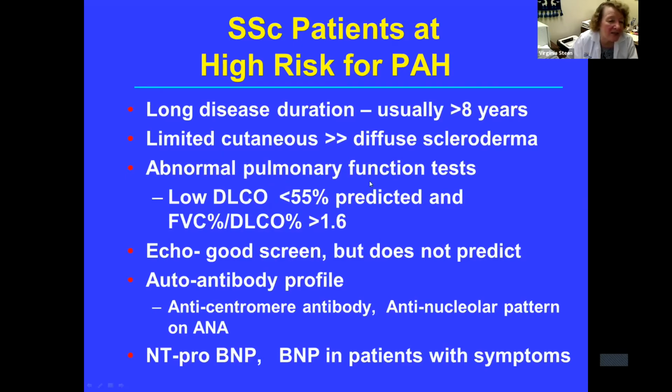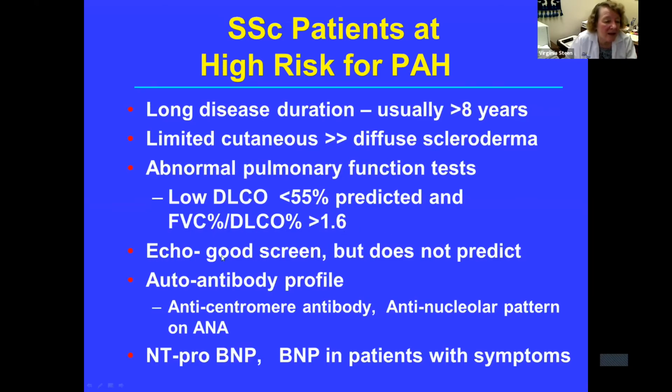We talked about the abnormal pulmonary function test, this low diffusing capacity, less than 55% predicted, and often it's totally isolated. They may have very normal forced vital capacities, no significant interstitial disease, but even if they have some interstitial disease, the ratio of the FVC to the DLCO is usually greater than 1.6, and so that's another helpful clue.